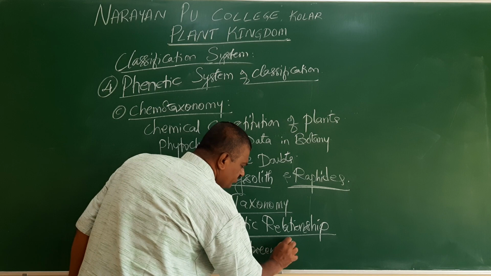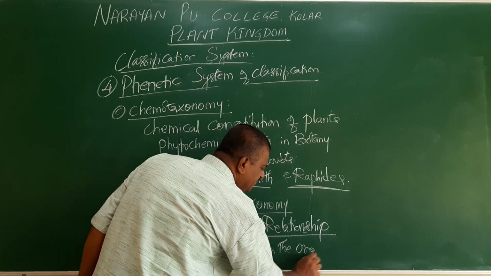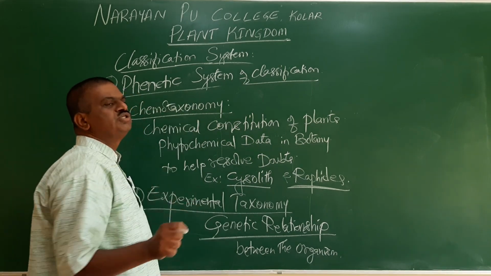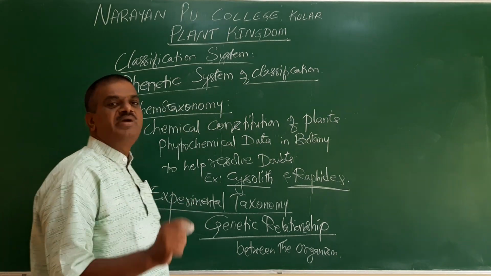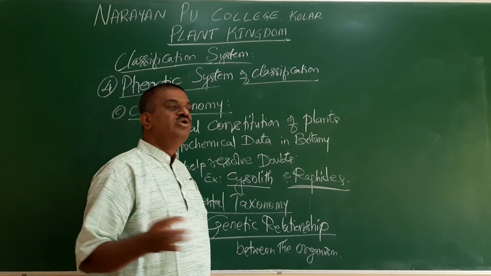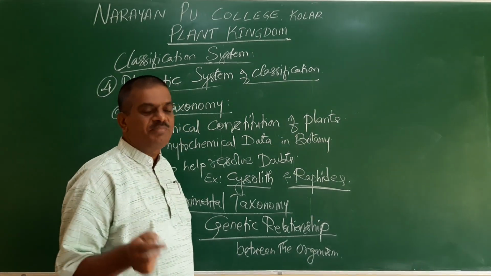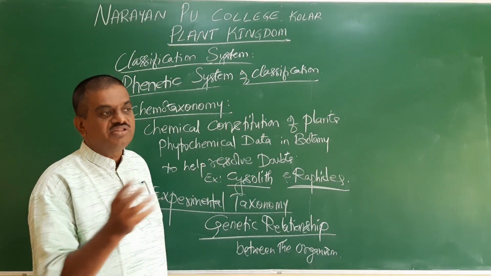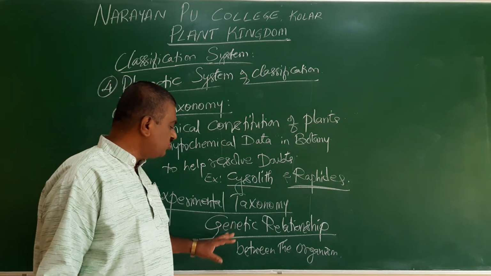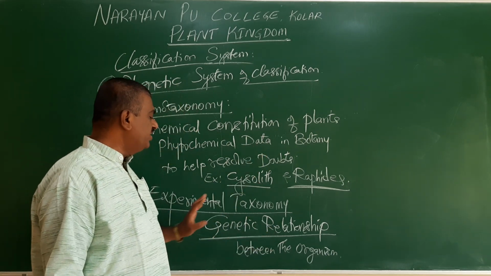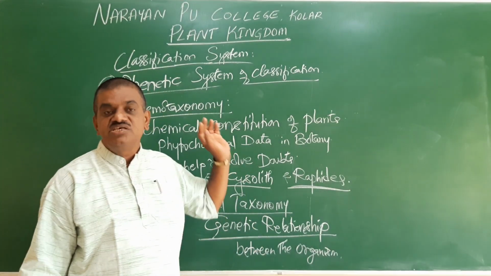So between the organisms, it is classified based on the chromosome number and the genetic materials. How an evolutionary history takes place, for example, the monkey has given rise to humans. Based on the evolutionary history and the genetic relationship between the two organisms, experimental taxonomy is classified.